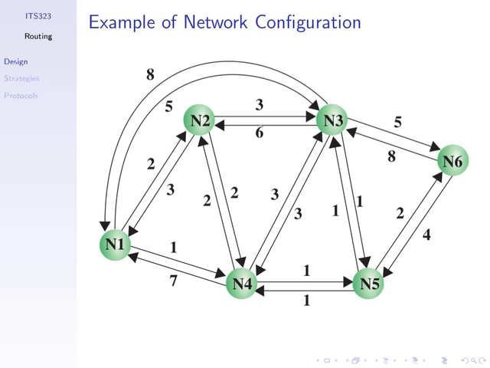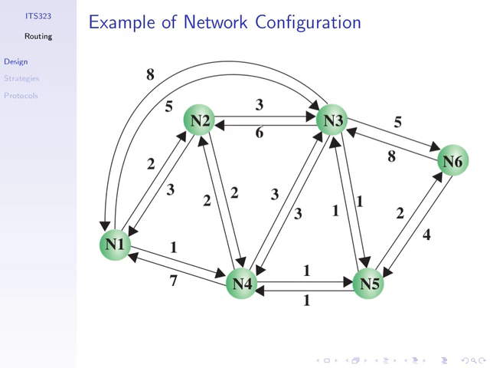Anyone found the path? 1, 4, 5, 6. Okay. The least cost path in this topology is 1, 4, 5, 6. And we treat the cost across a path as additive. That is, the cost to use that path is the summation of the cost of the links across that path.